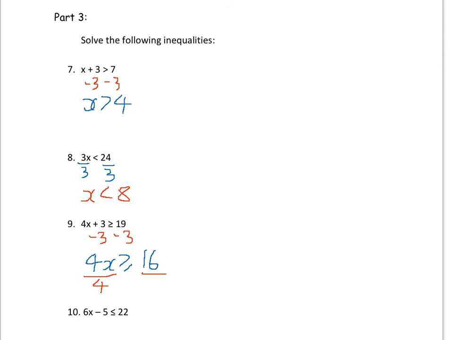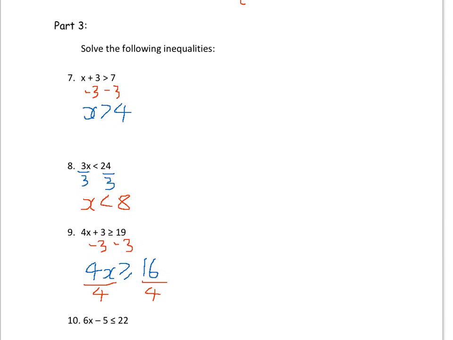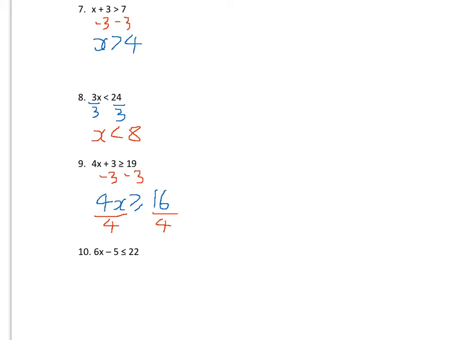So divide by 4, and we're left with x is greater than or equal to 4. Now some people like to change the question to solving 4x plus 3 equals 19, which is the same as what we're given. That's fine, but you must remember at the end to put the inequality back in.